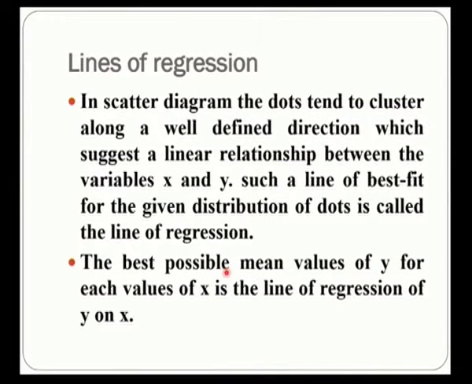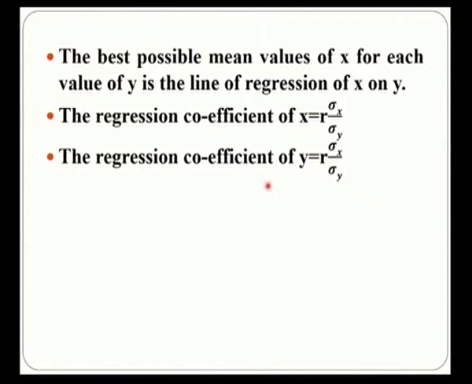So, here we learnt that the line of regression of y on x is the best possible mean value of y for each value of x. Like that, the line of regression of x on y is the best possible mean value of x for each value of y. Like that, the regression coefficient of x is equal to r into the standard deviation of x over standard deviation of y.